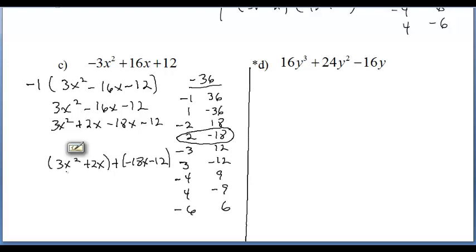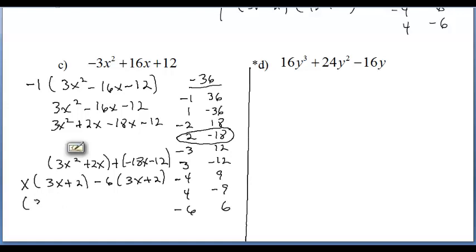The common factor in the first group would be x, and that would leave me with a 3x plus 2. The common factor in my second group would be a negative 6, and that would leave me with a 3x plus 2. I divided out a negative 6 so that my leading coefficient for both of the terms inside parentheses would be the same, in this case positive.